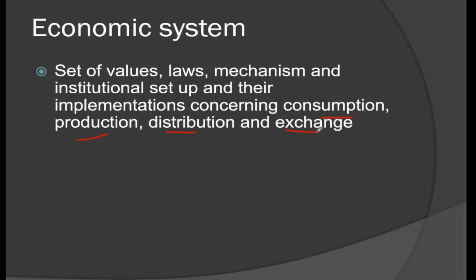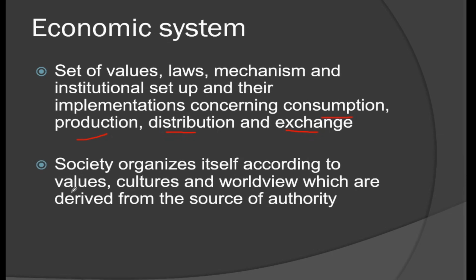Therefore, when we say capitalism, socialism, and an Islamic economic system, each of them has their own unique values. And definitely each of the system also has certain laws as well as mechanism and institutions to ensure smooth running of the system. Why do we have various types of economic systems?